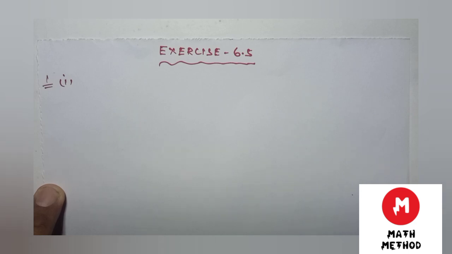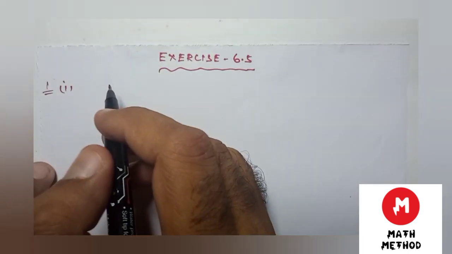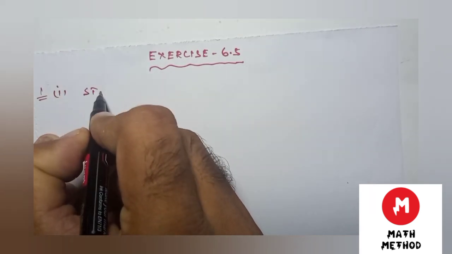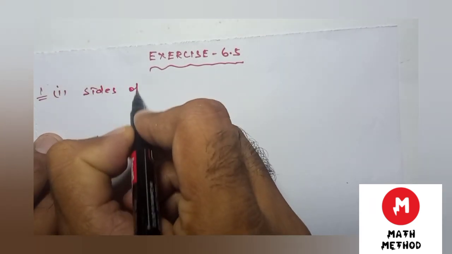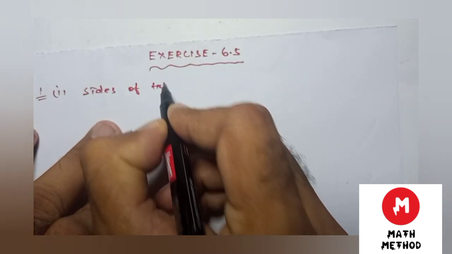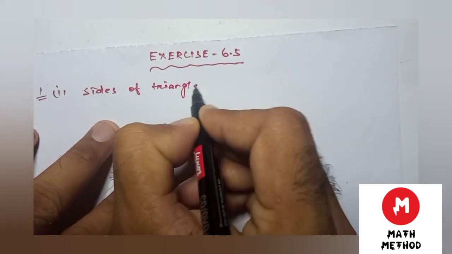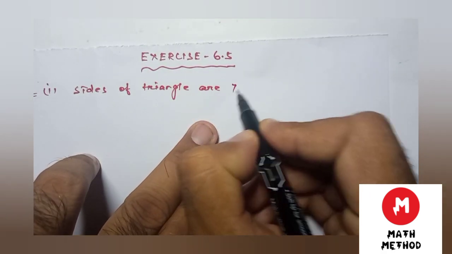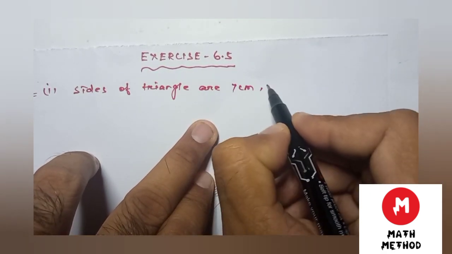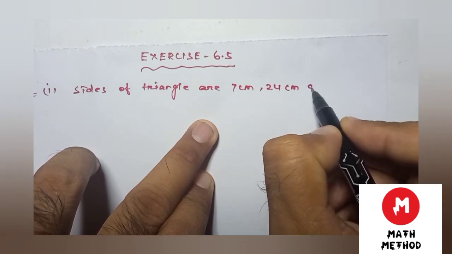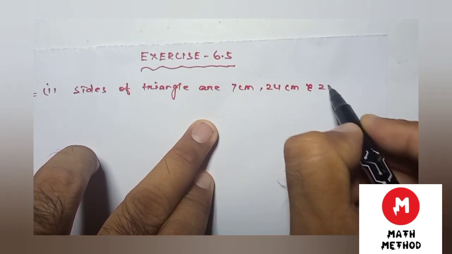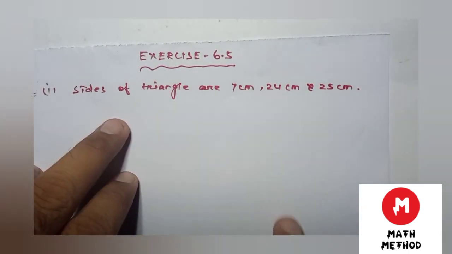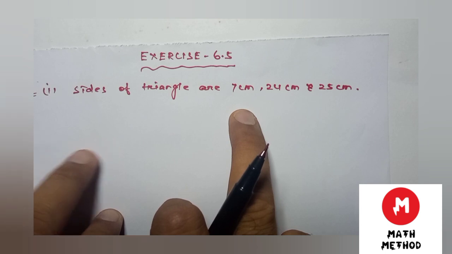Clear? Now let the sides of triangle are 7 cm, 24 cm and 25 cm. We have to find out whether this triangle is a right angle triangle or not.